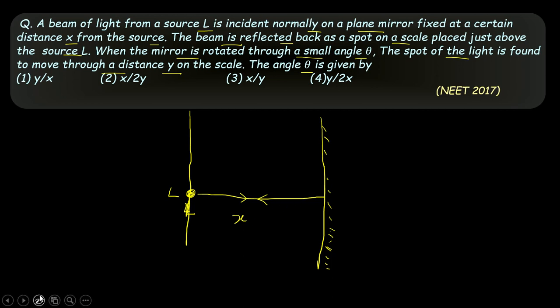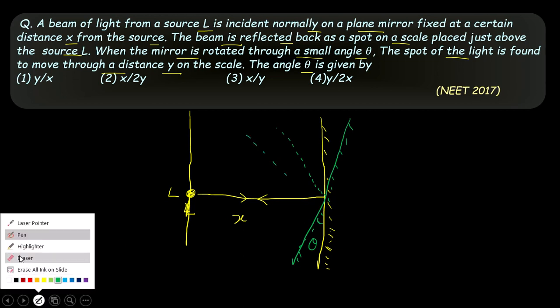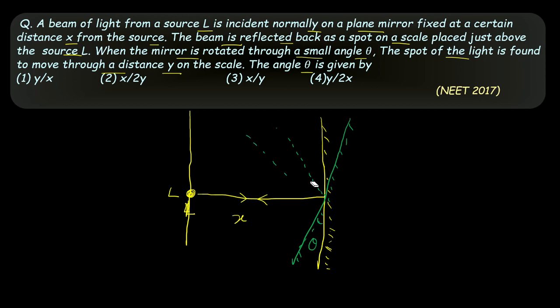But according to the question, when we rotate this mirror by a very small angle, the normal of this particular mirror will also be shifted by a very small angle. Actually it would be like this. Let me use the eraser.